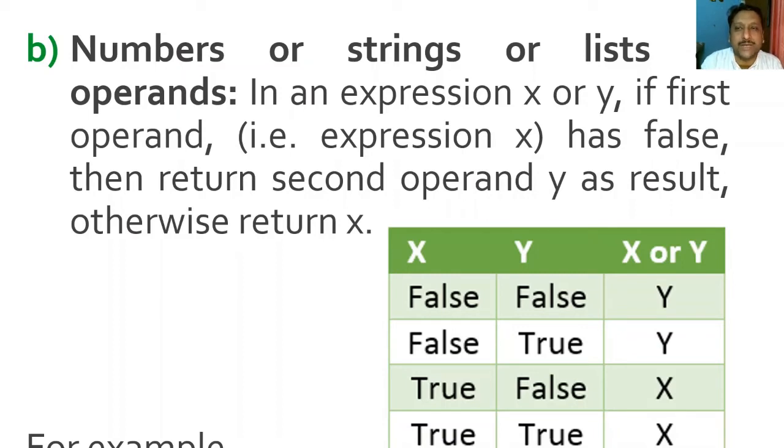Those values are not relational expressions, they are numbers, strings or lists, and with the OR operator it will give you the value itself as a return. It won't give you true or false, it will give you the expression itself.